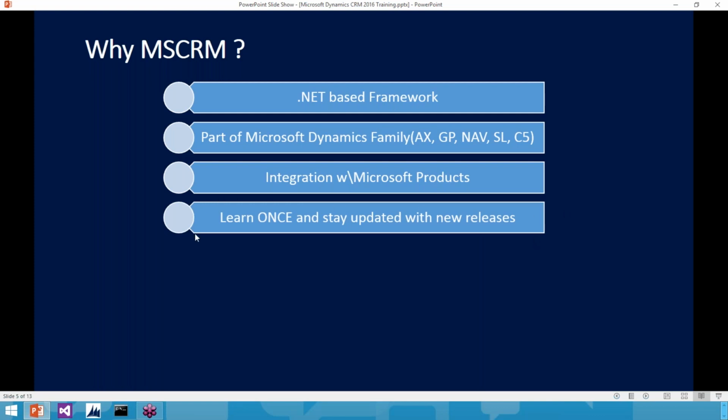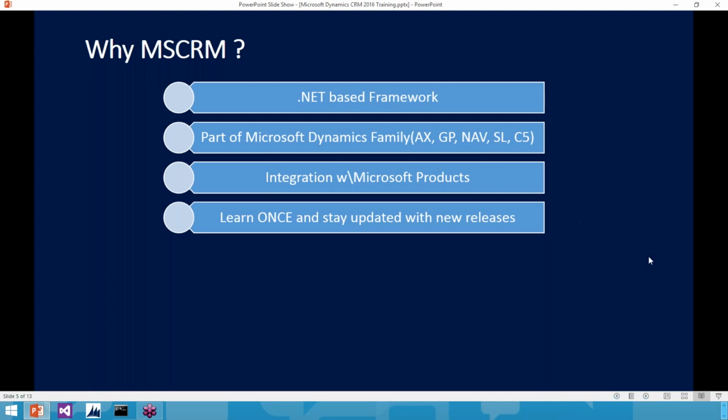You learn the CRM system once, and Microsoft has been releasing a new version every 2 years. Last time was an exception. A release was done in 2015, and again within 1 year there was a new release. As far as I have learned, they're trying to use this even-number format, so probably the next release won't be until 2018.